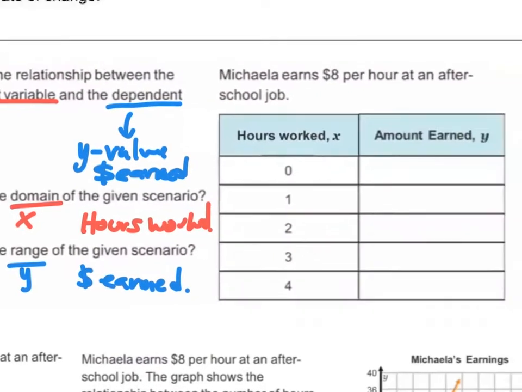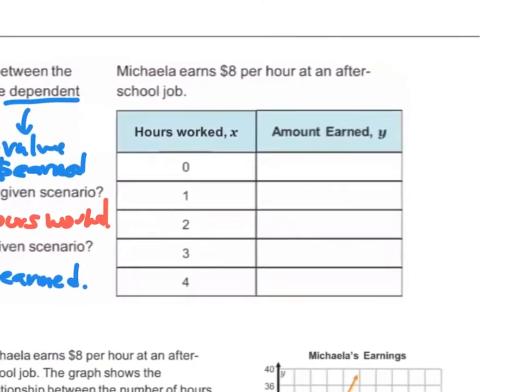Now let's go ahead and fill in this table, and it says that Michaela earns $8 per hour at an after-school job. Let's think about this and use the table as an example. If Michaela works 0 hours, how much does she get paid?